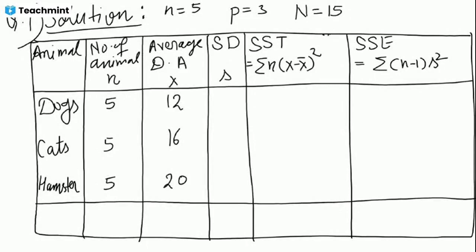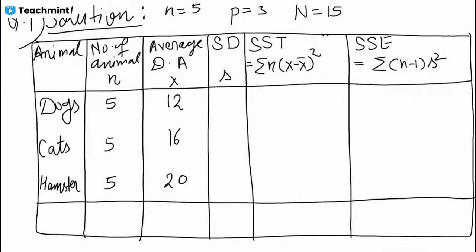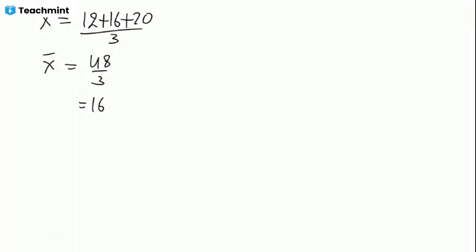So this column, for this value, n into x minus x bar. So n is 5, x is 12, minus x bar is 16. This is rough work, okay?